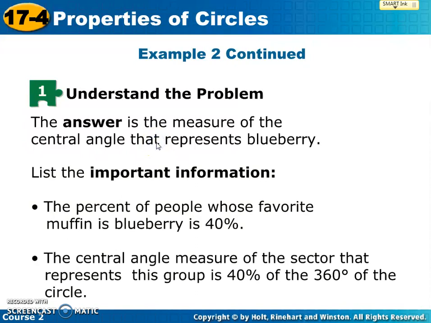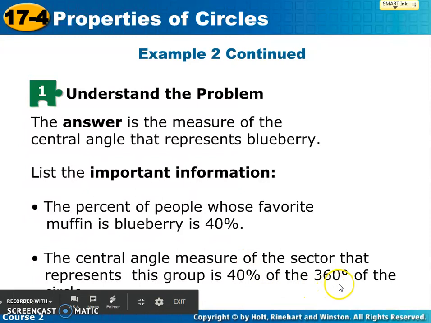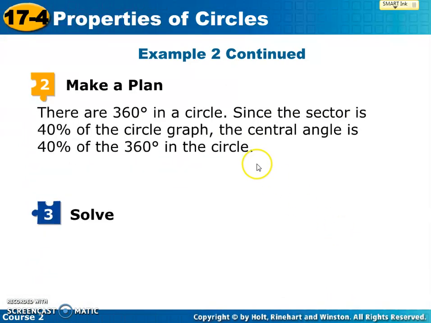There's a couple things that are important to understand: the percent of people whose favorite muffin is blueberry is 40%, and we also know that all of the central angles together equal 360 degrees. So 40% of the 360 degrees is going to be blueberry muffins. To solve this, we're simply going to take 40% of 360.